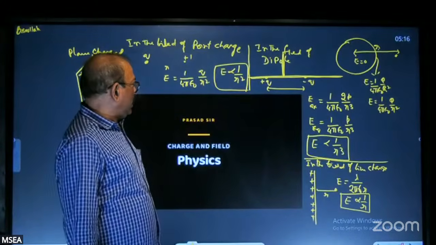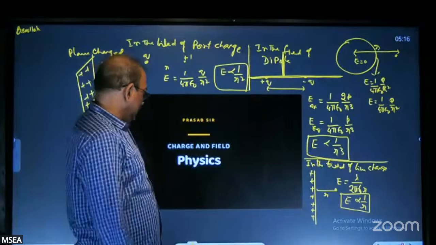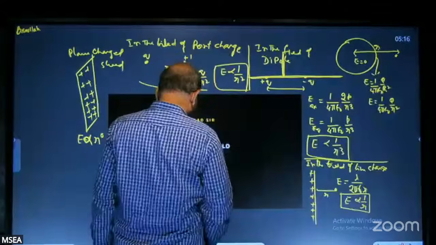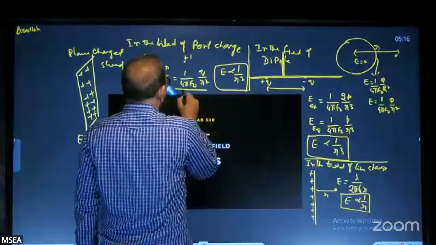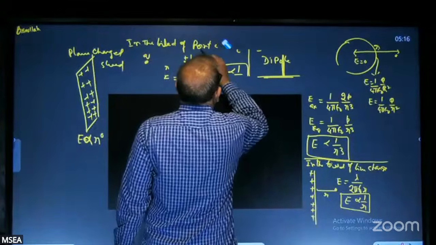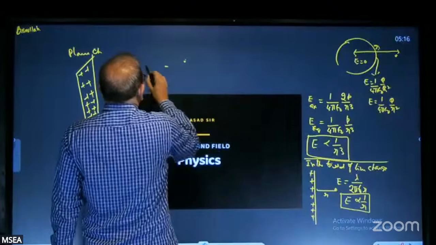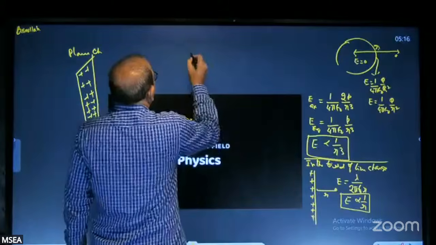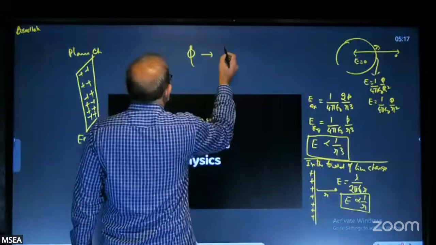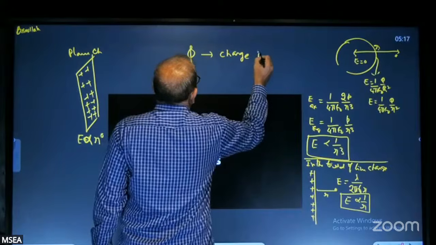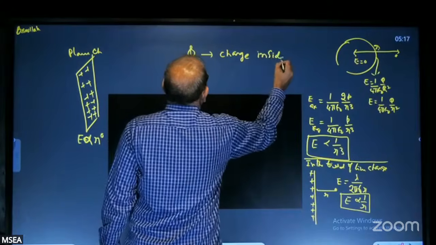Then when it comes to Gauss law, the flux passing through the Gaussian surface depends only on the charge enclosed inside that sphere.